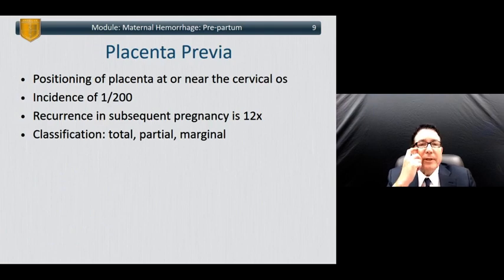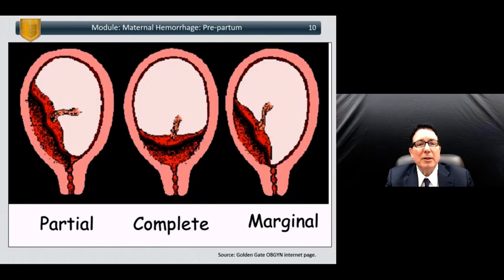What about placenta previa? Usually it's the position of the placenta at or near the cervical os. Incidence is 1 in 200. It is recurrent in subsequent pregnancy, and the classification can be total, partial, or marginal.